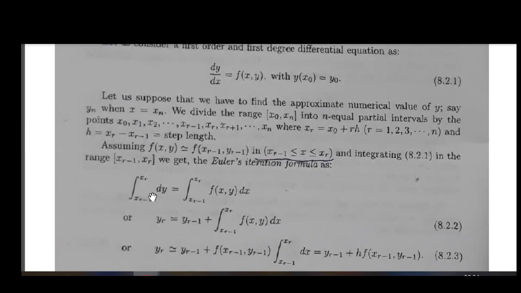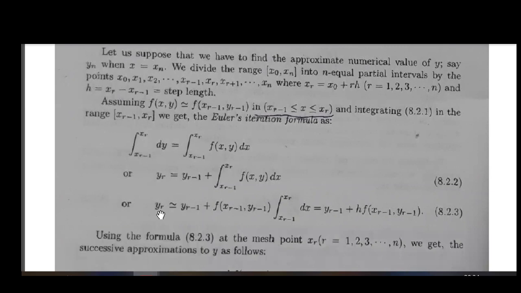So now you can simply follow the usual steps to get this result: yr approximately equal to yr minus 1 plus f of xr minus 1, yr minus 1 into the integration of dx over xr minus 1 to xr, because you are using your assumption here.